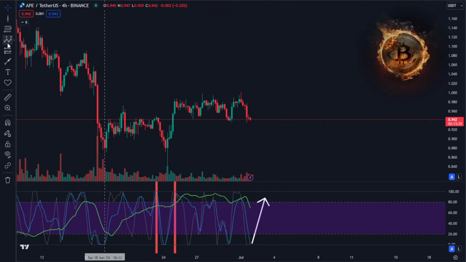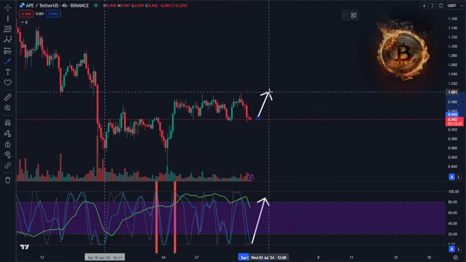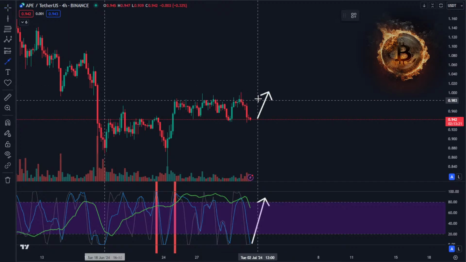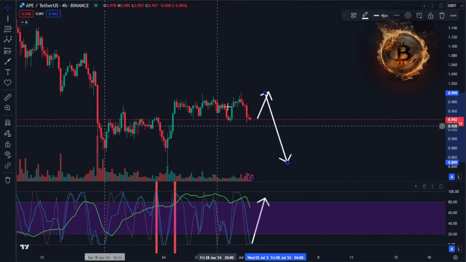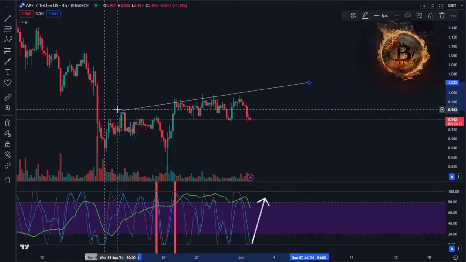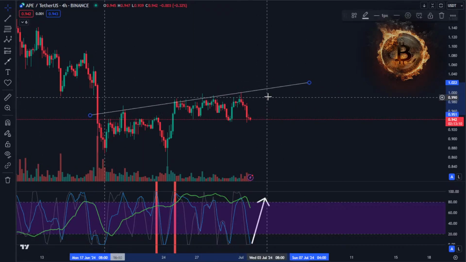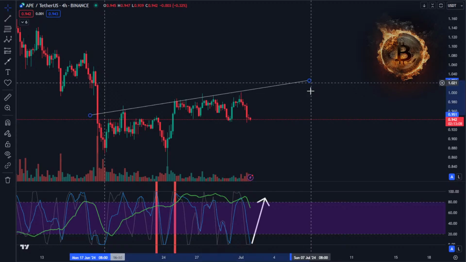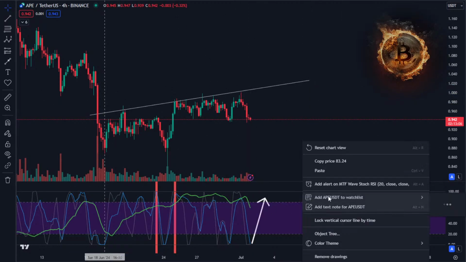So probably this is gonna do something like that, and then it's gonna drop further down somewhere like here. And it's also nice that you can set yourself a trend line for looking for a stop loss whenever this happens.